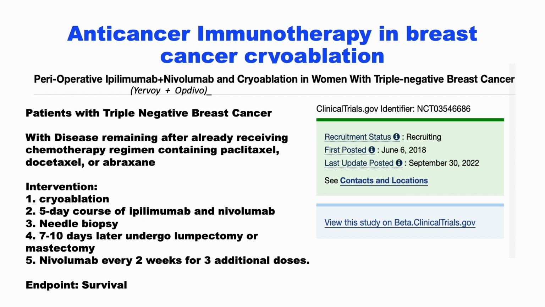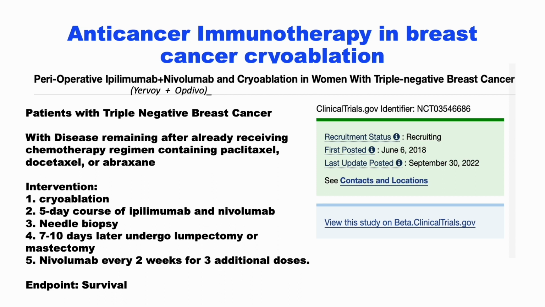The clinical trial is a phase 2 study of perioperative ipilimumab, or Yervoy, plus nivolumab, or Opdivo, in patients with triple-negative invasive breast cancer who have persistent disease remaining in the breast after already completing upfront chemotherapy regimens containing paclitaxel or docetaxel or Abraxane.